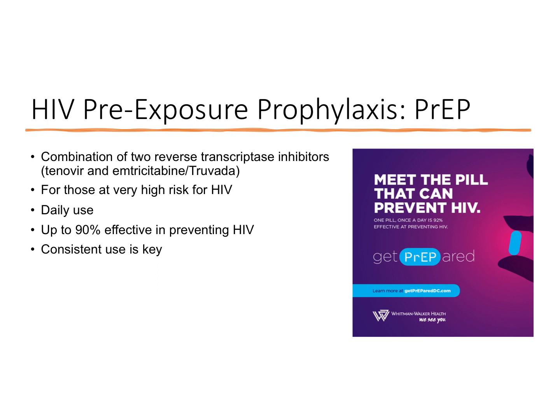And just to have an idea of who would be very high risk, from the CDC, there's actually a very clear algorithm for it. So a couple indications would be if somebody is sexually active and they have either had a bacterial STI in the last 6 months, if they have had multiple partners of unknown HIV status in the last 6 months, and they have not always used condoms, and if they have an HIV positive partner with a detectable viral load.